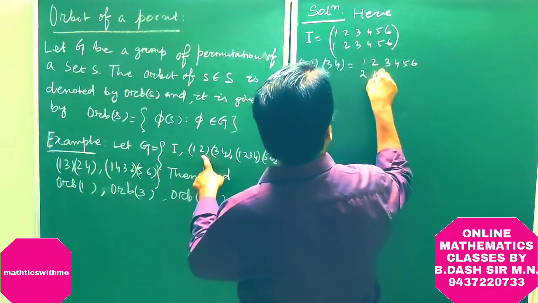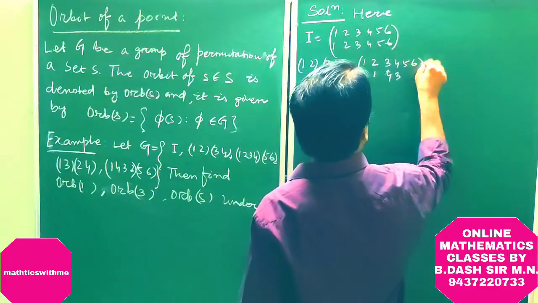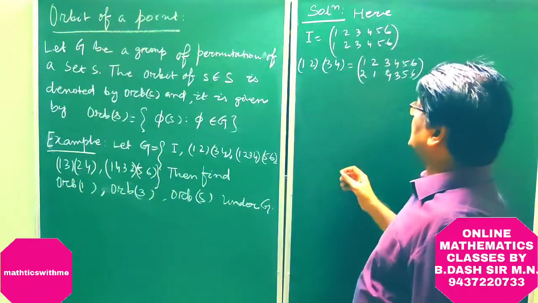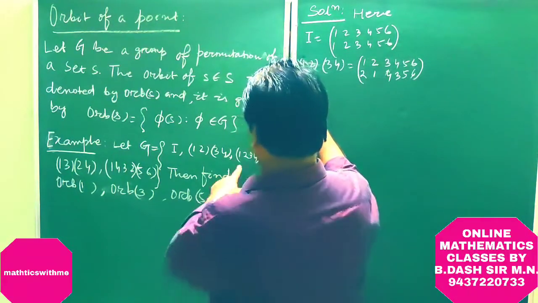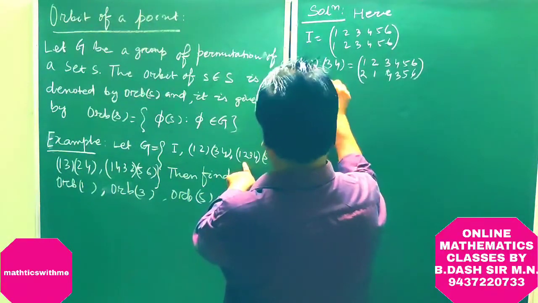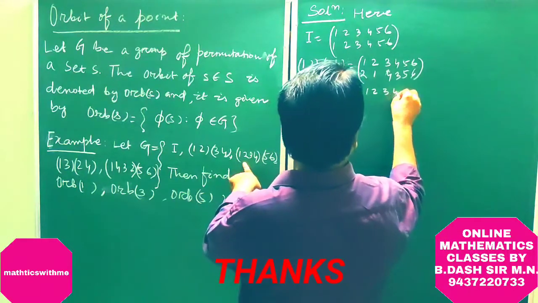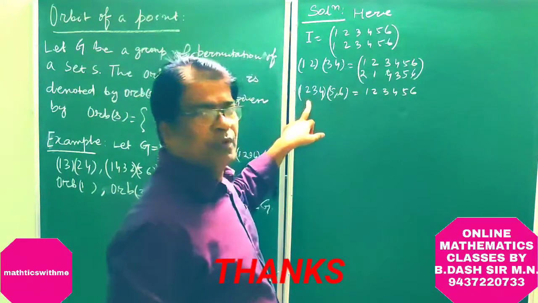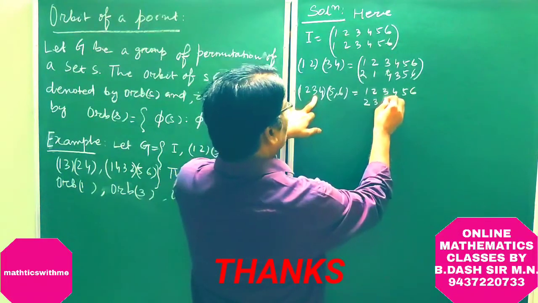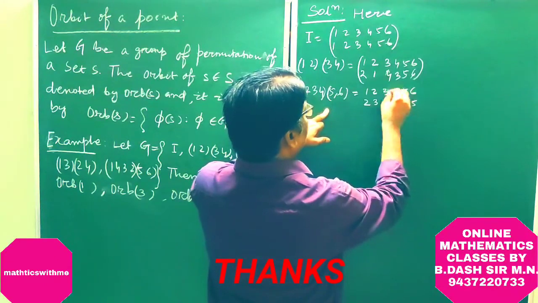Then for the next one: 1 goes to 2, 2 goes to 1, 3 goes to 4, 4 goes to 3, and here 5 will be related to 5 itself, 6 will be related to 6. Then 1, 2, 3, 4, 5, 6: here 1 goes to 2, 2 goes to 3, 3 is related to 4, 4 is related to 1, 5 is related to 6, 6 is related to 5.